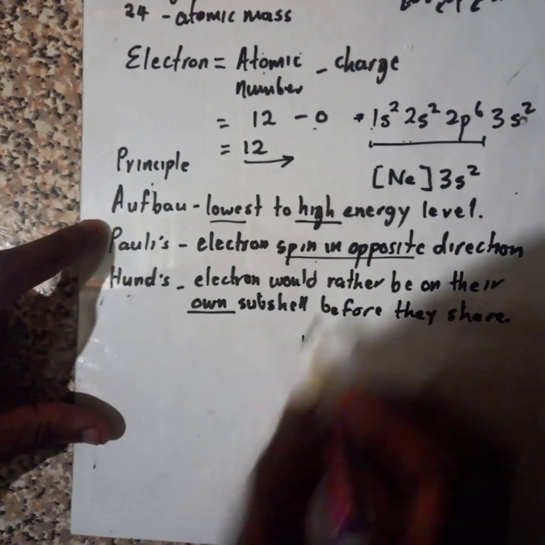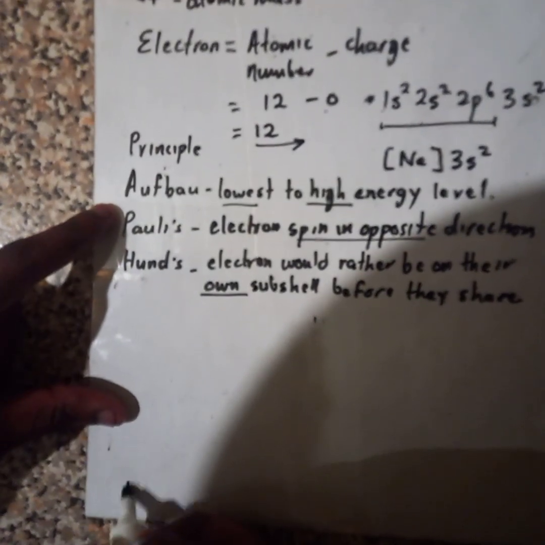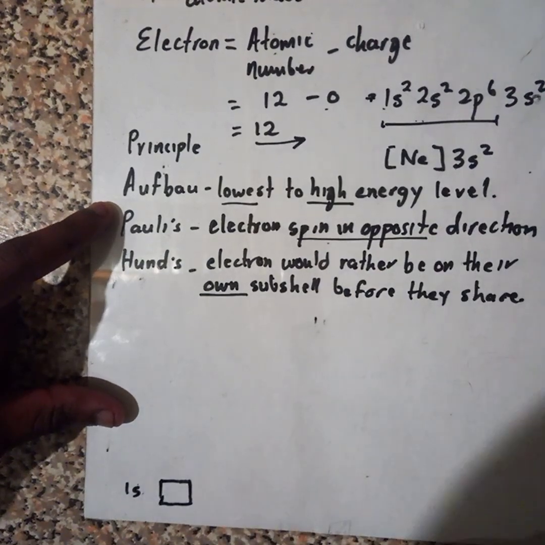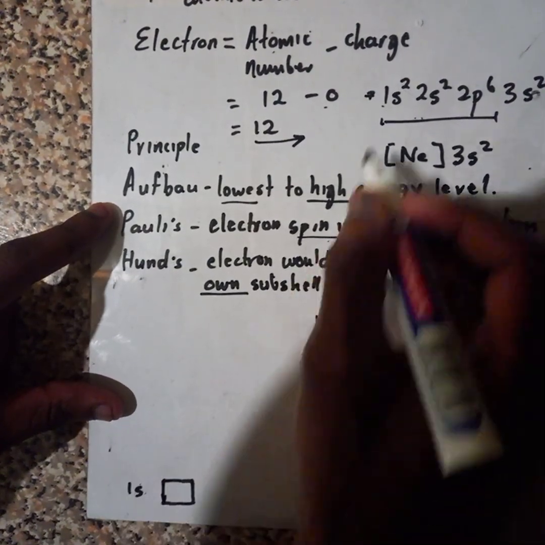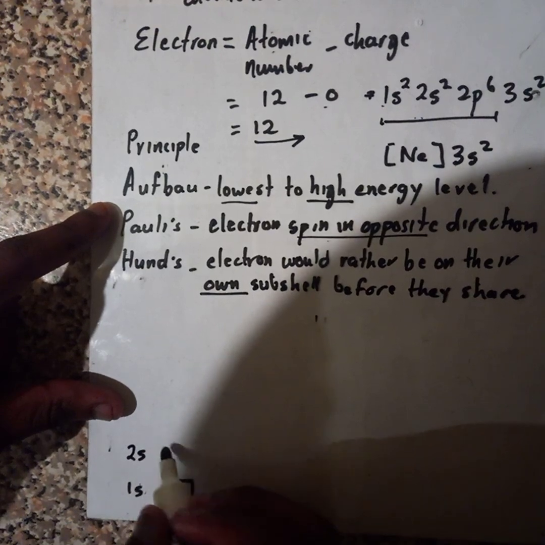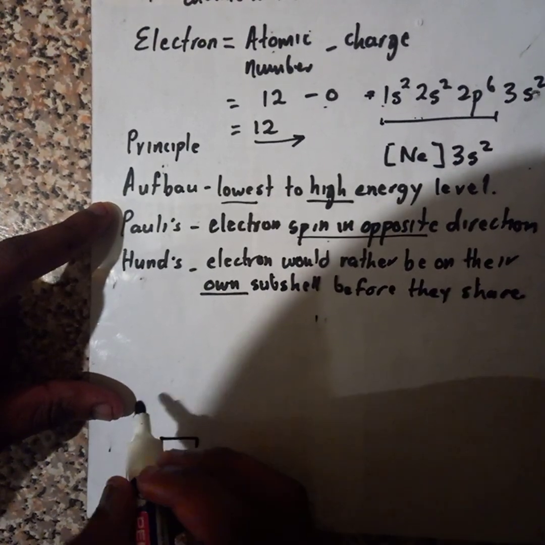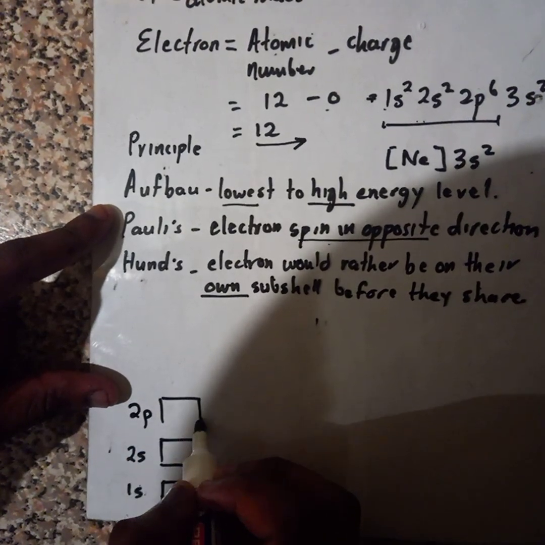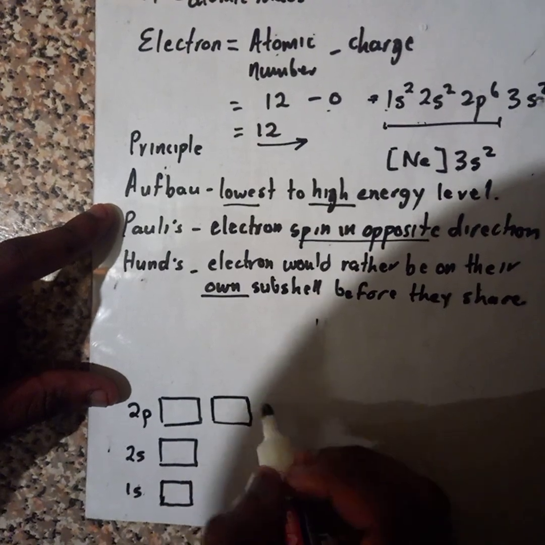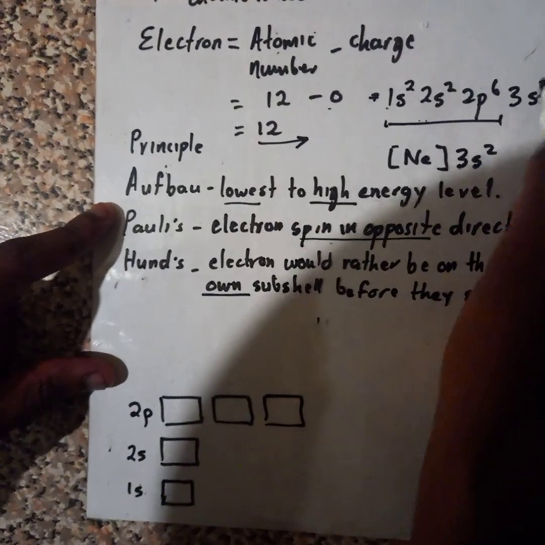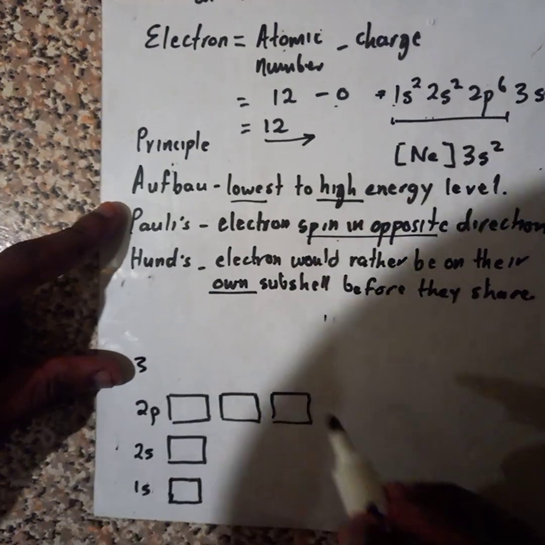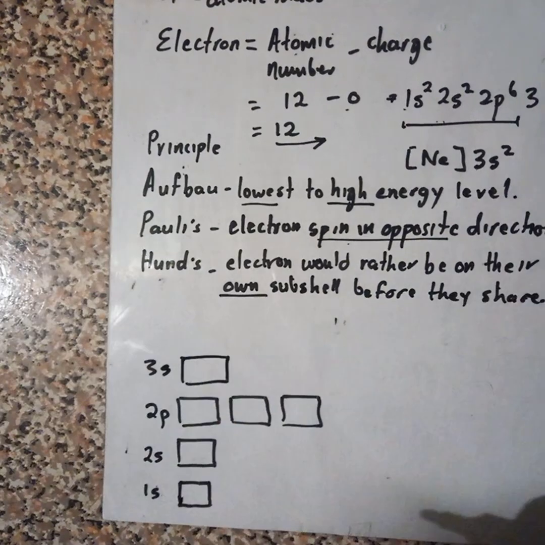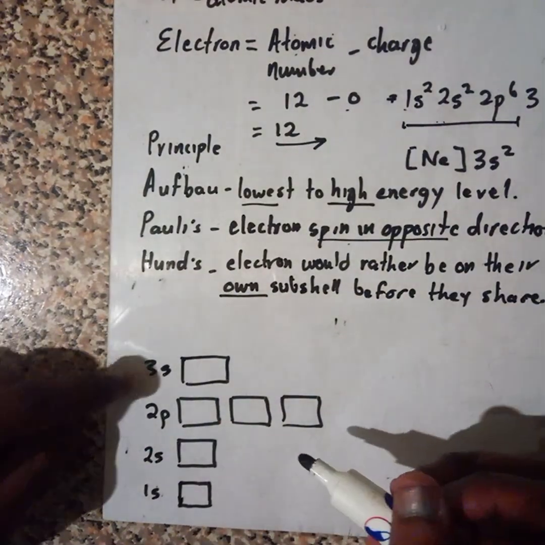I'm going to need 1s with 1 orbital, then 2s with 1 orbital, then 2p with 3, then we write them like this, then 3s, I hope you can see, only has 1 orbital.